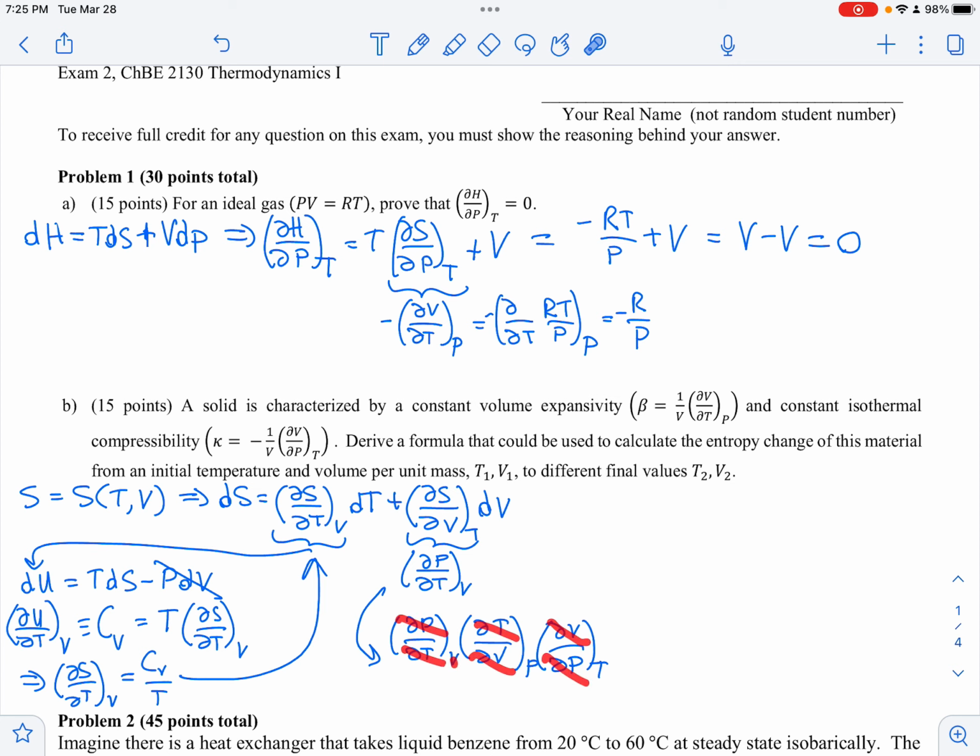But remember, we're holding different things constant for each variable, so they don't actually cancel. What they're equal to is minus 1. I guess you could argue that they cancel.